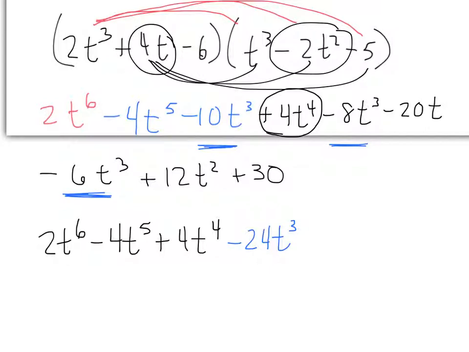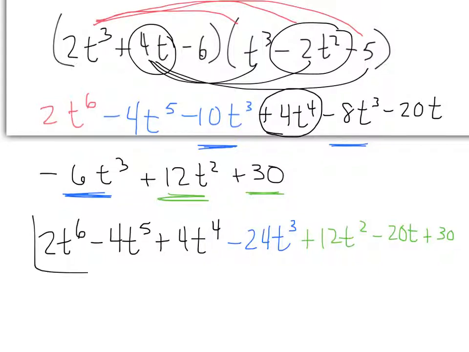All right, then t squared. I've only got one of them by itself, it looks like, right here. Then t linear. Where's the linear t? Remember, linear means to the first power. Yeah, negative 20t. And then the only constant that's left is this 30.